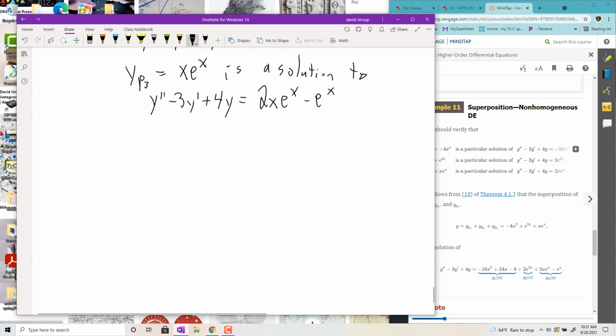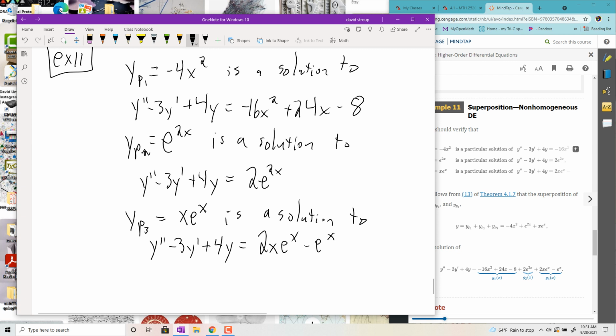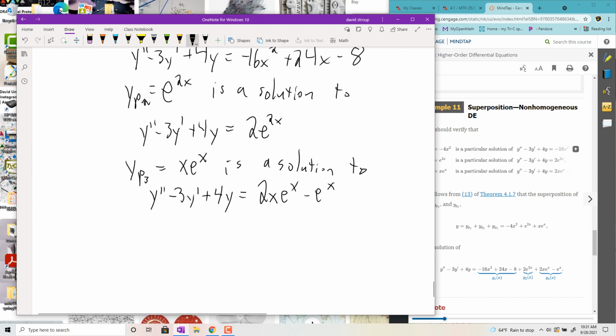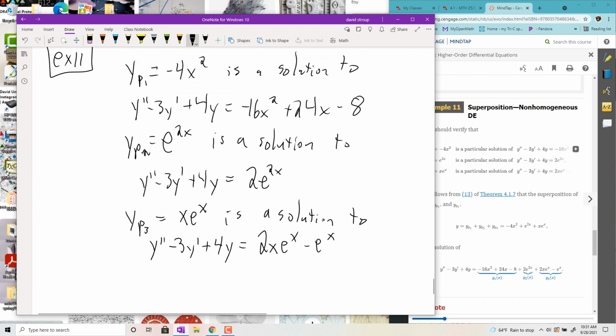So is there a way to kind of combine those solutions into one kind of mega solution like we did with the homogeneous differential equations? And it turns out, yeah, sort of.